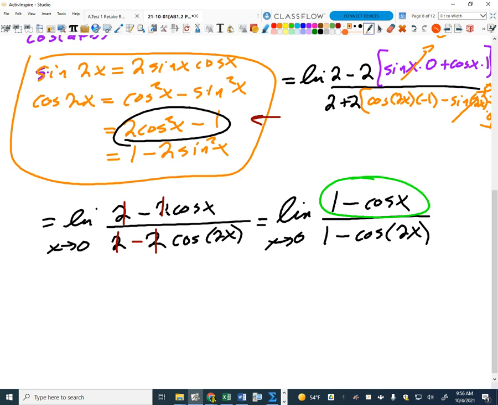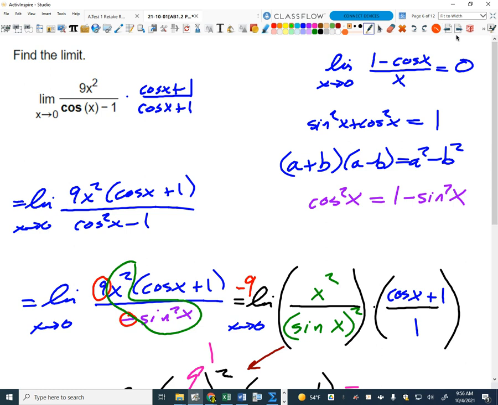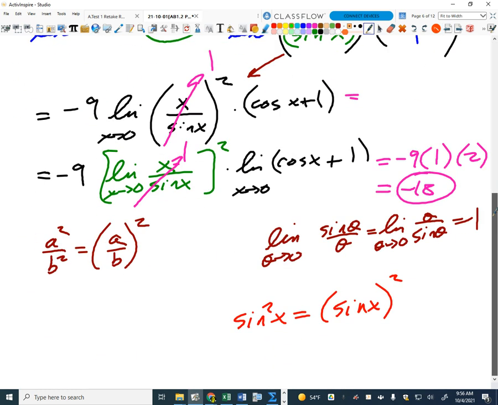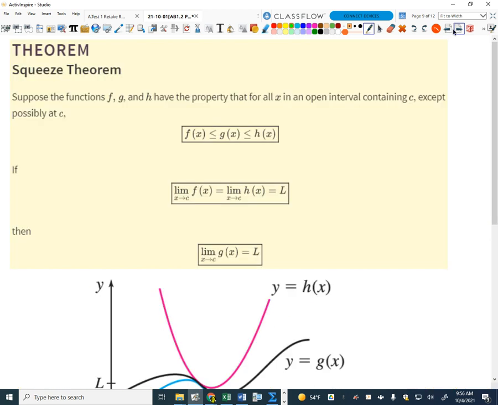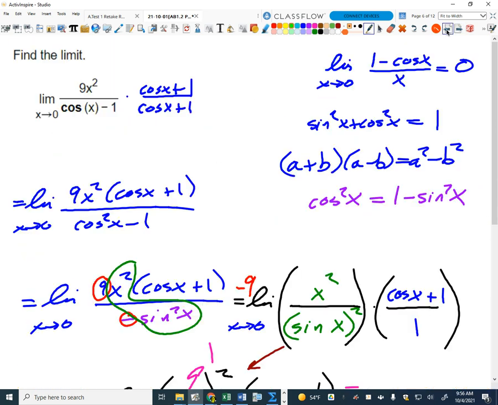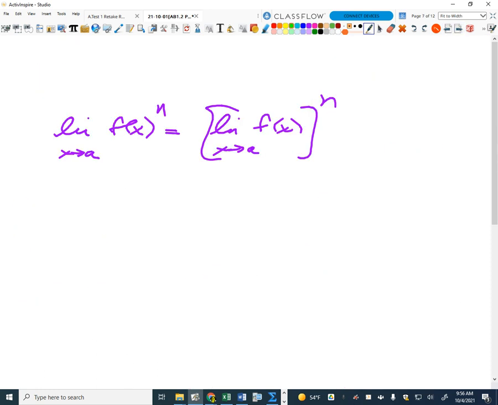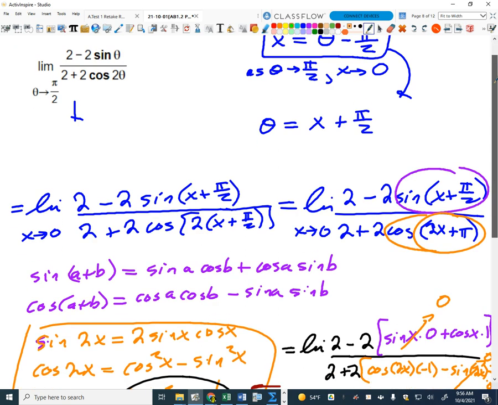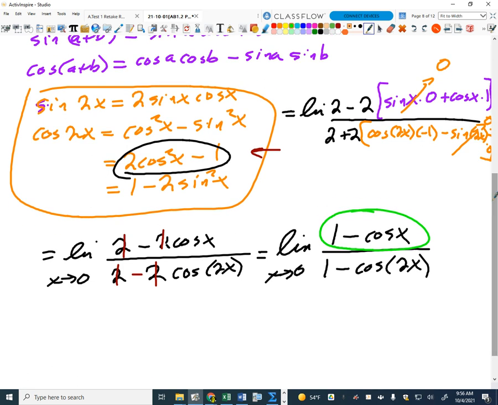From our Pythagorean identities, it's sine squared. I thought I had done that on a different page, but if I did, I can't find it. You're right, it's sine squared. So that's sine squared.